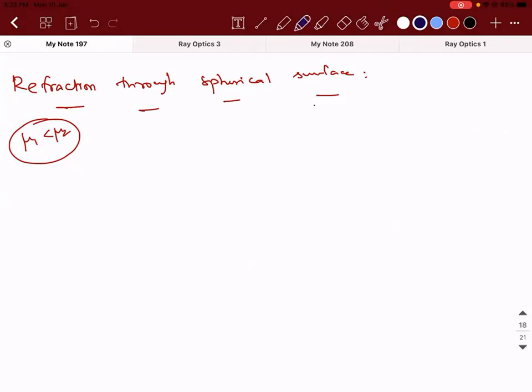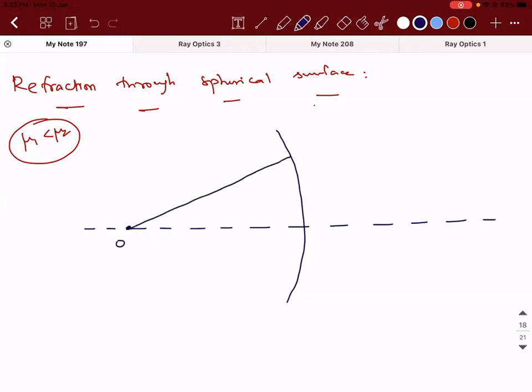Yes. So the curvature is like this. I take this as point O, then this is the point where the ray hits the surface. And at the point of incidence, you're going to draw a normal, like this, which is through the center of curvature.